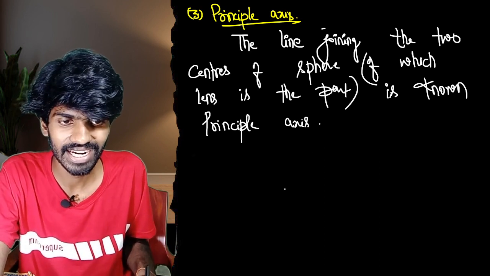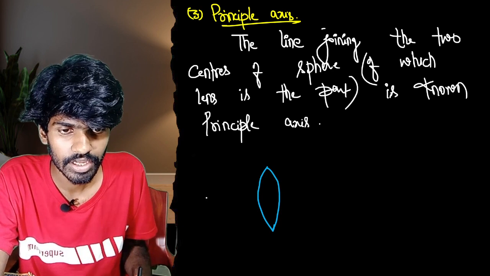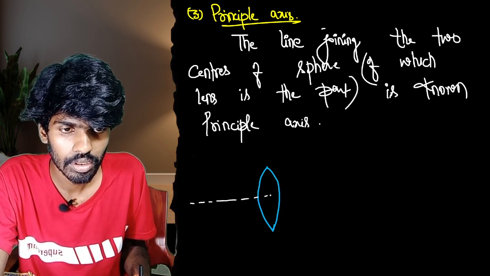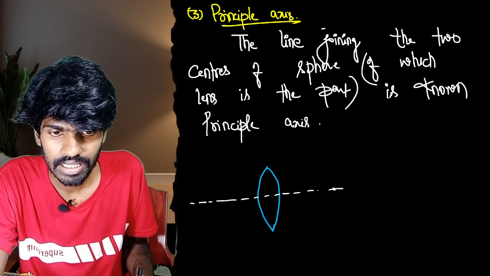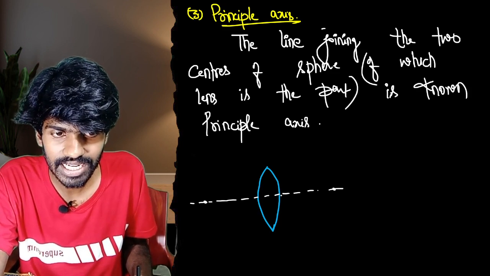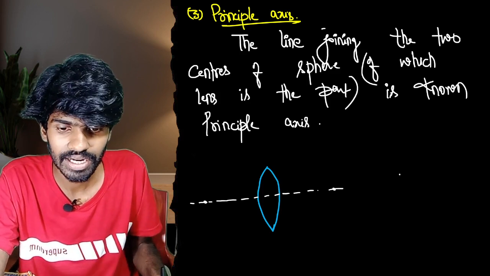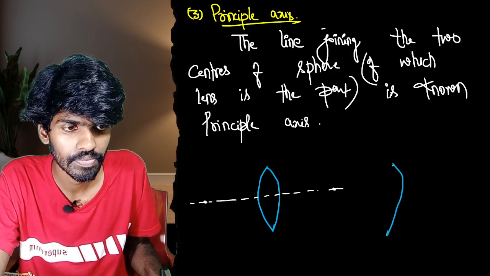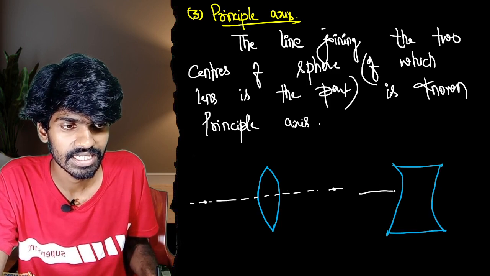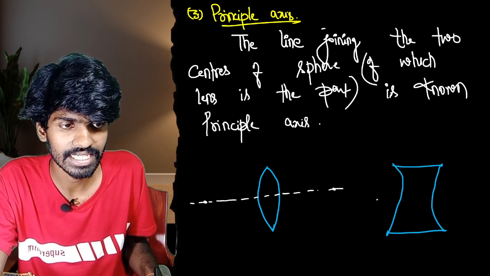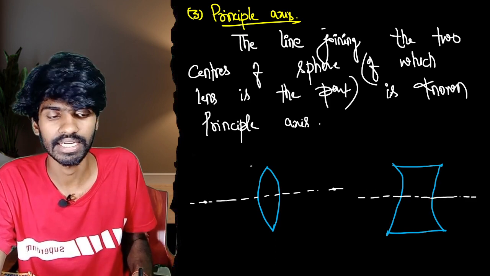Okay, so if it is a lens, then you can draw this line, which will be the principal axis. This line connects the two centers of curvature of these two spherical surfaces. Similarly, you can also draw for the concave part. This is the principal axis.